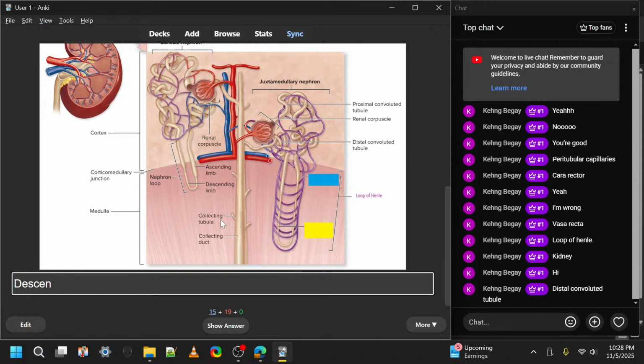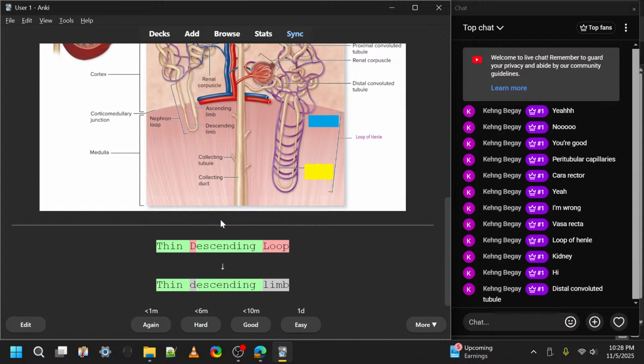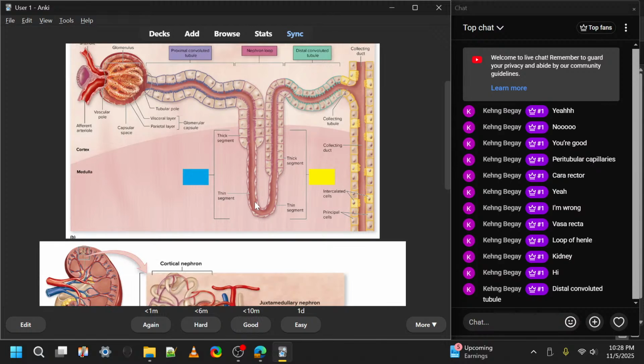Descending, or wait, no. Descending loop. There we go. Limb. No. Gosh dang it, it's a limb, not a loop. Thin descending limb. Alright.